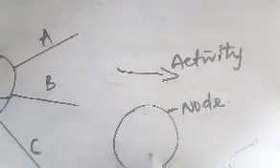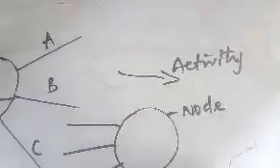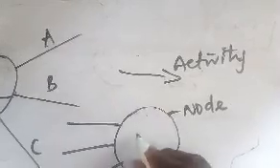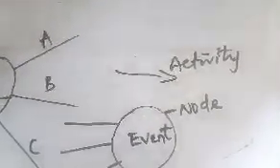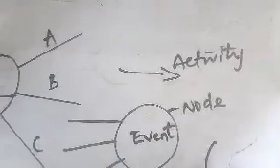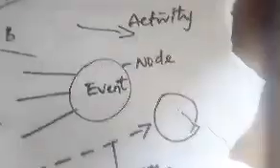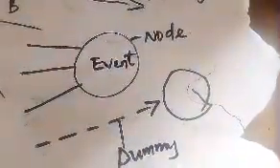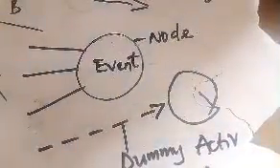And you have events. Many junctions coming to a node is called an event. And a dash line coming to a node is called a dummy activity. It has a zero duration.